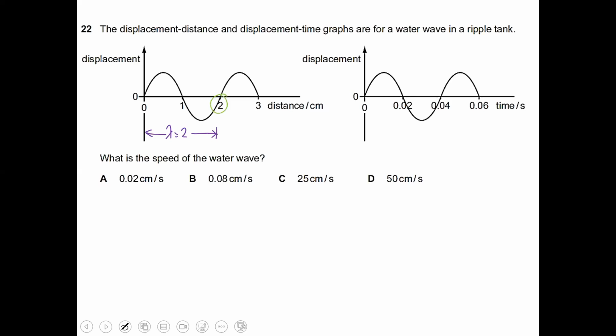This is the lambda. Lambda is 2 centimeter. Now look at the right graph, right side graph, and it is 1 cycle, and 1 cycle is time period 0.04 second.